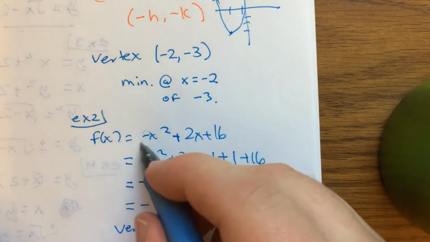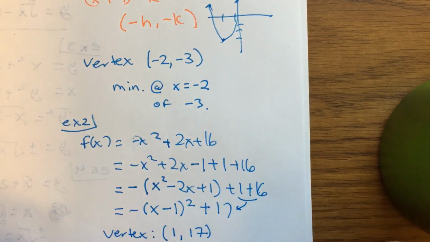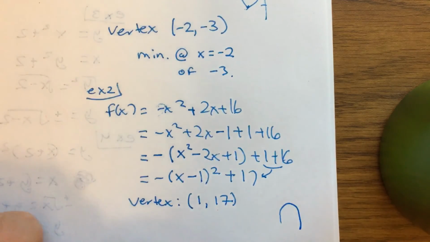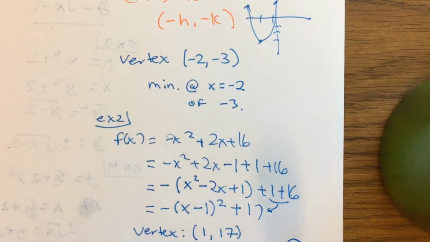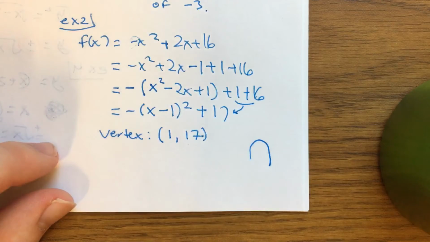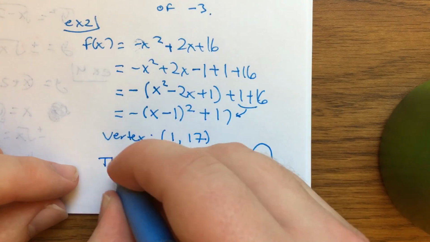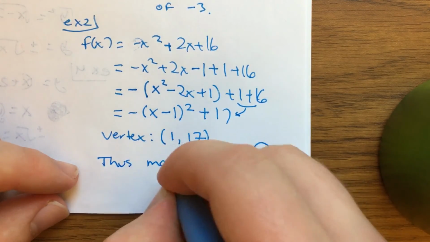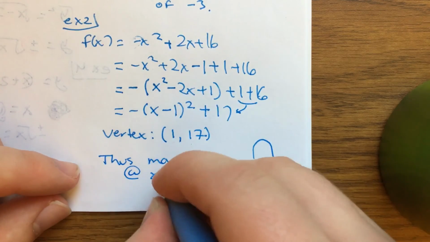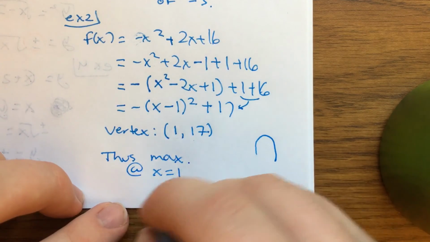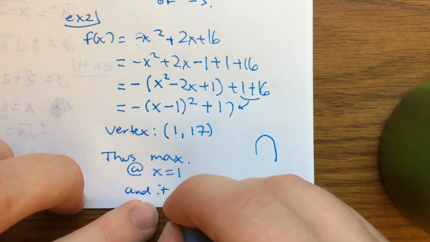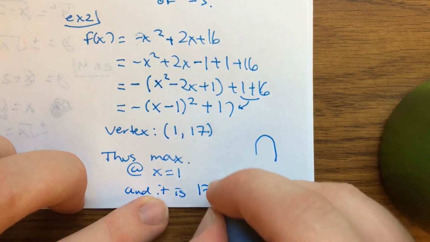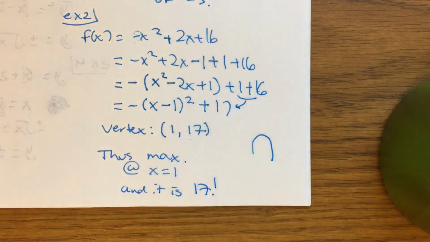And since there is a negative sign out in front, the parabola opens downward. So, thus, there's a max at x equals 1, and it is 17. Sweet.